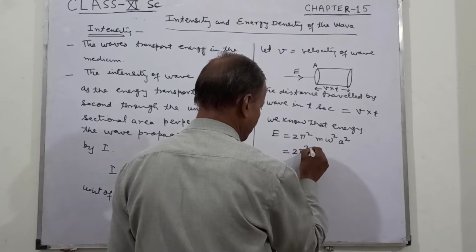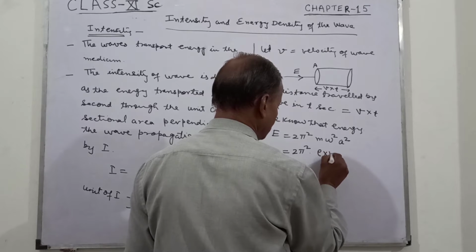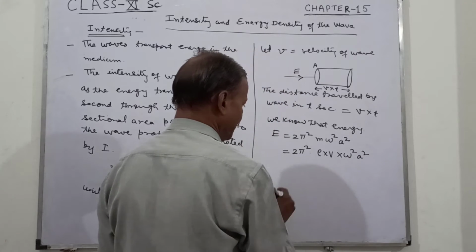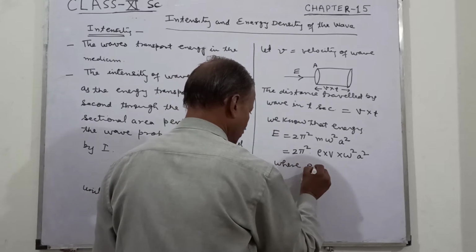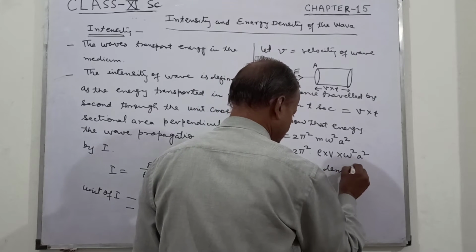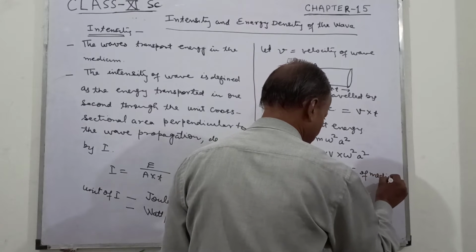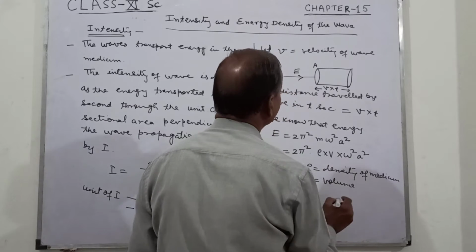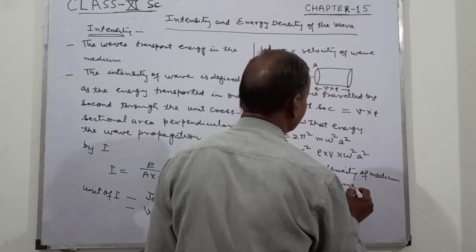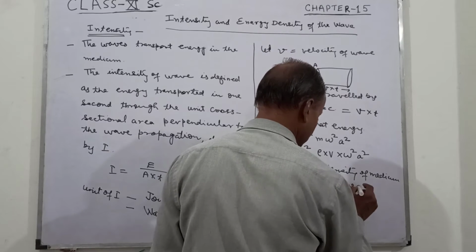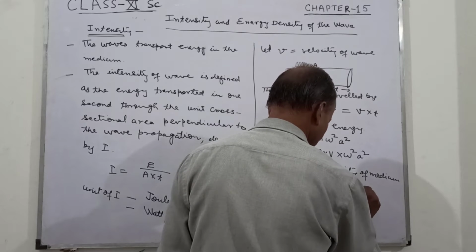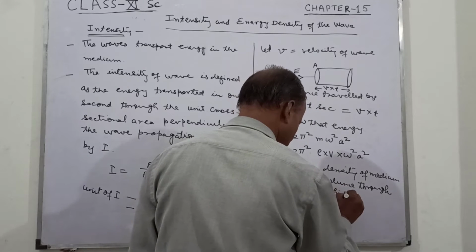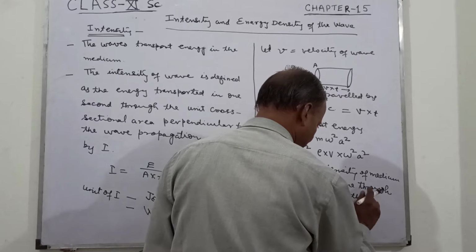Here m is equal to rho into V, where rho is the density of the medium and V is the volume through which the wave passes.